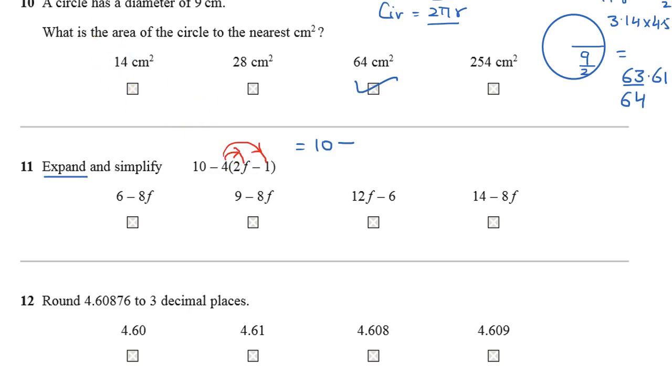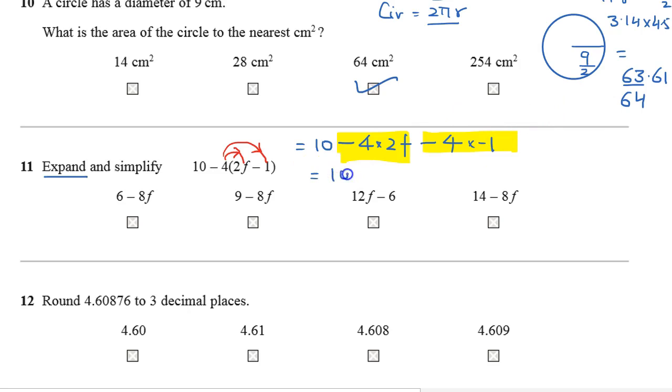So it will be minus 4 multiplied by 2f, minus 4 multiplied by minus 1. You understand this thing? This is minus 4 multiply 2f, this is minus 4 multiply minus 1. You must write all with the sign.